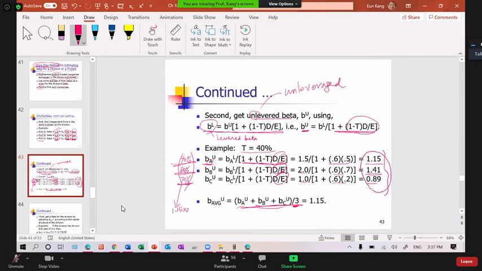If this is the case, then it is 1.15 times 0.9 plus 1.41 times 0.8 plus 0.89 times 0.7, all divided by 2.5, and then what? 1.06. Because this one is very small, it has less weight, and relatively speaking, this has higher weight.